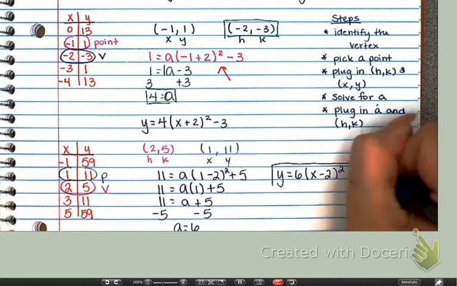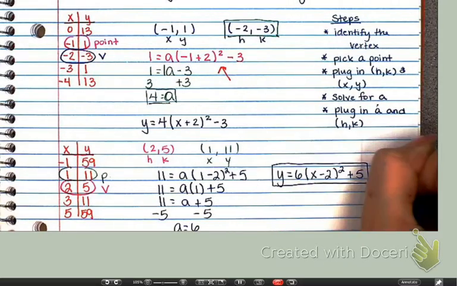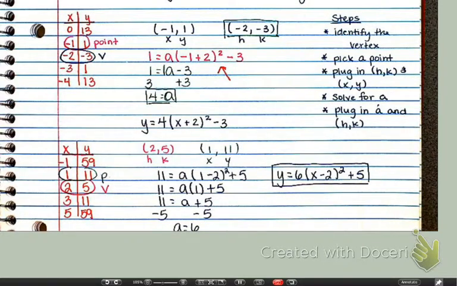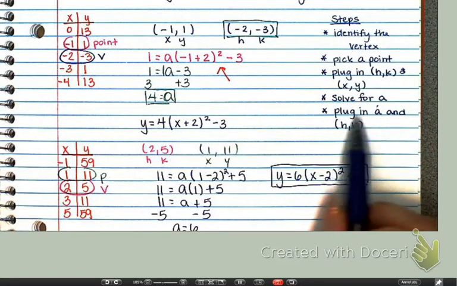And that was a step that I was seeing that a lot of people were leaving out. You guys were getting a equals 6, but you were forgetting to put back h, k, and a when you rewrite the actual equation. So make sure you go back and do the very final step, which is writing it in vertex form. So let's go back up here to our steps.